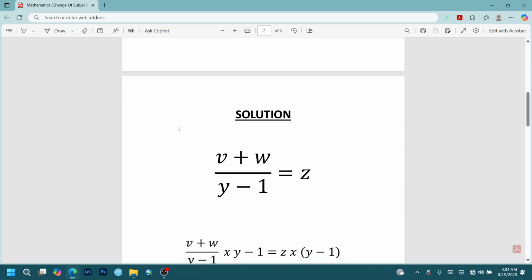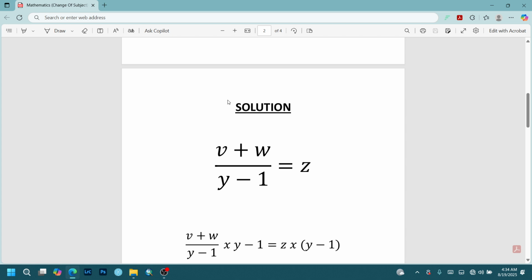So we multiply each side by the LCM. Okay, so the LCM is y minus 1, right? Because that's the number that can go through each denominator successfully. This z has an invisible 1 under it because every number is divisible by 1.